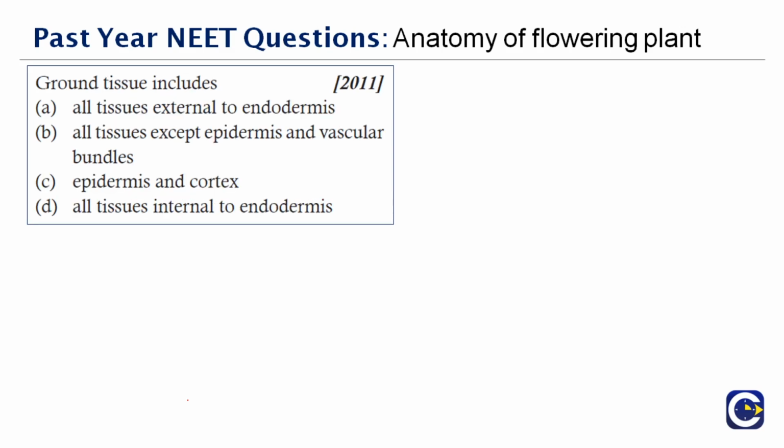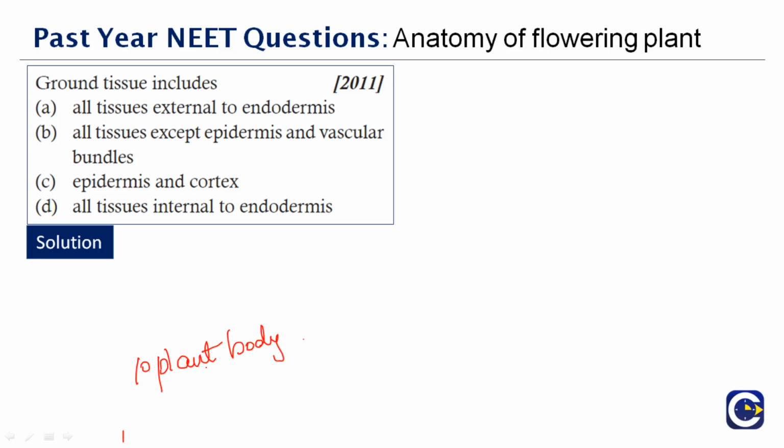Next question here, ground tissues include dash. Ground tissues include all tissues, but except epidermis and vascular bundles. The ground tissue comprises a bulk of the primary plant body. So what do they contain? They contain the primary plant body.